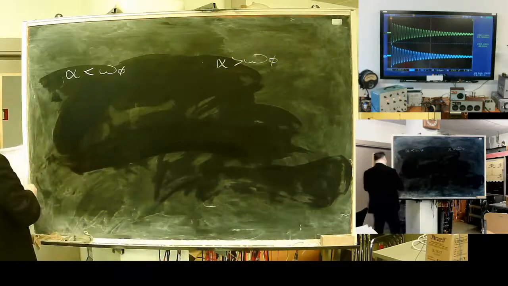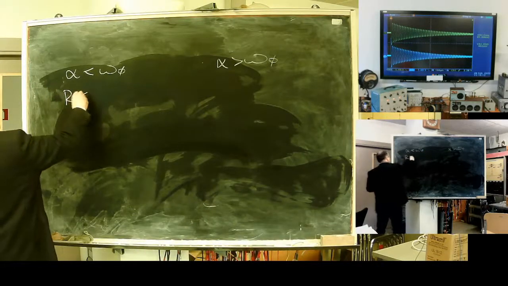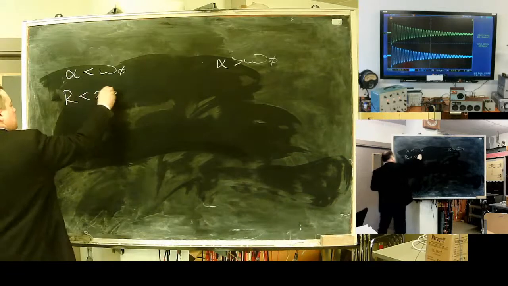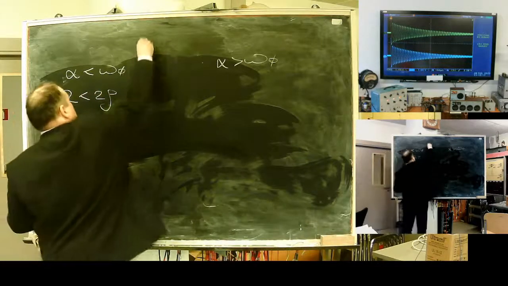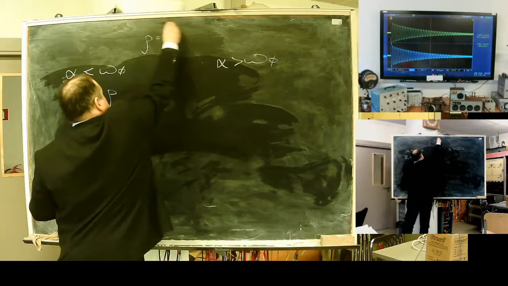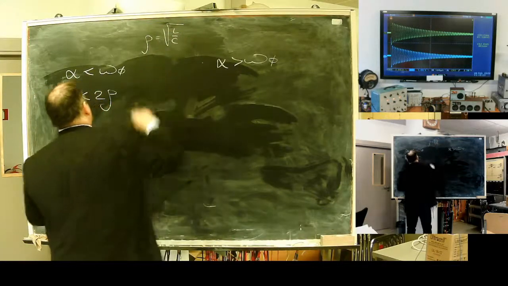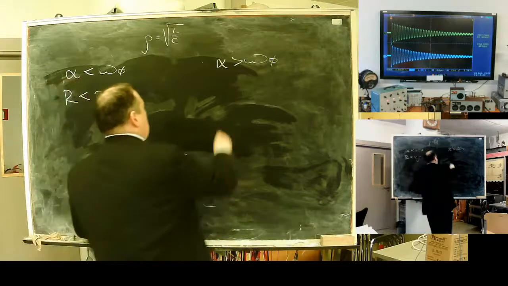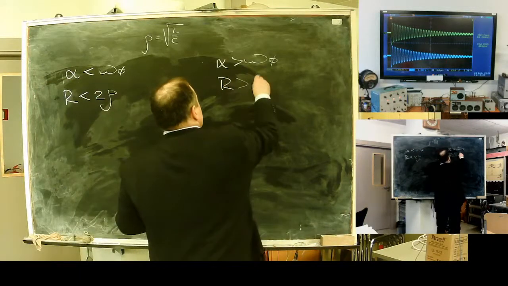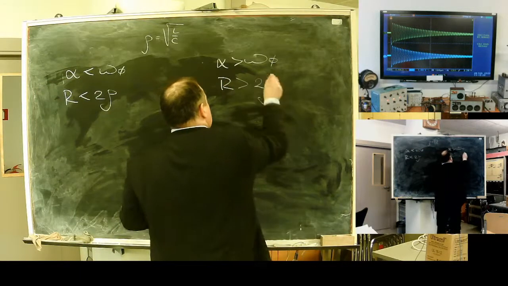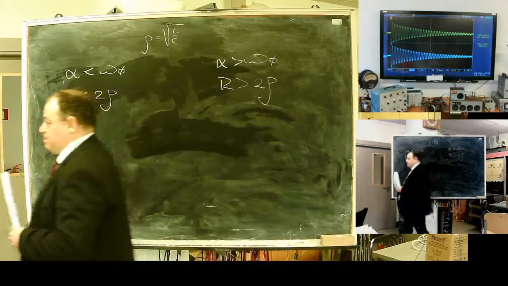Or, the resistance is smaller than double characteristic resistance rho, where rho is the square root of L divided by C, or greater than double characteristic resistance.